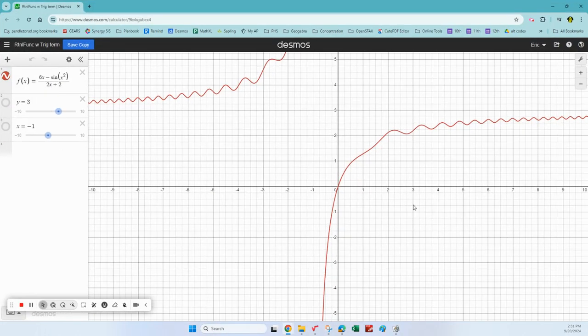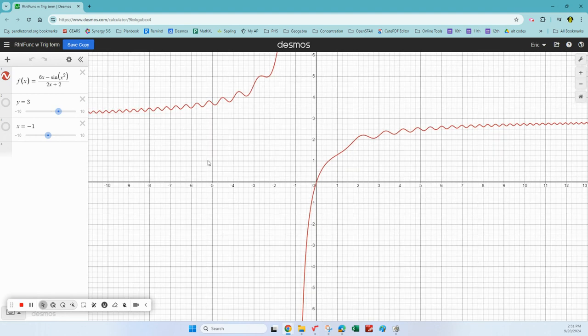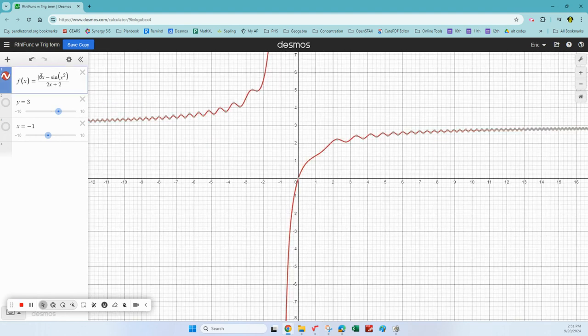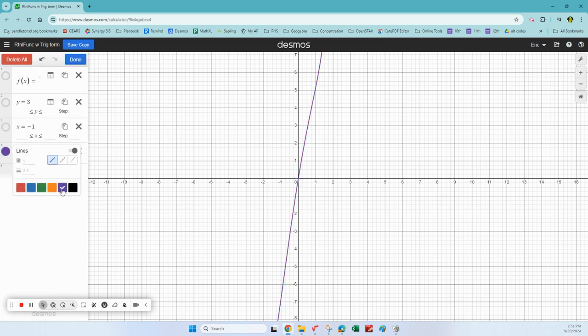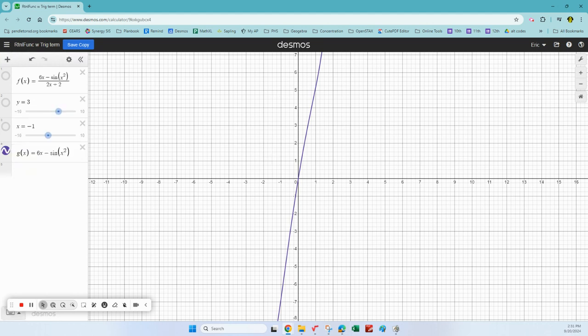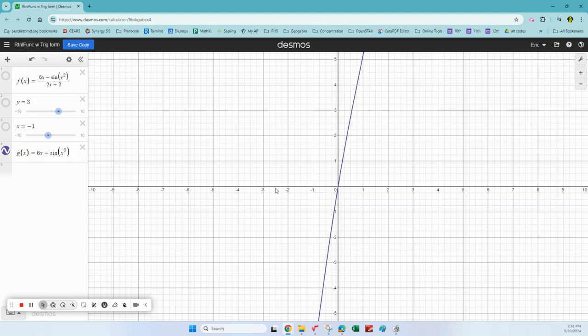Okay, there it is. Why is it so wiggly? Because there's a sine function in there, right? I tell you what, let's just look at the graph of the top. I'll turn that one off. There's 6x minus sine x squared.